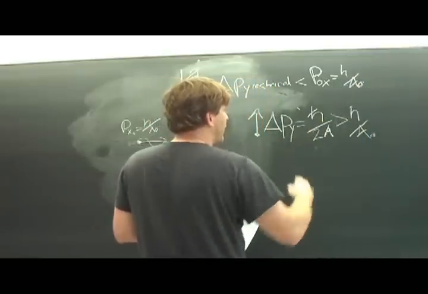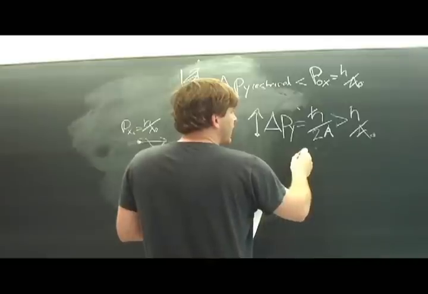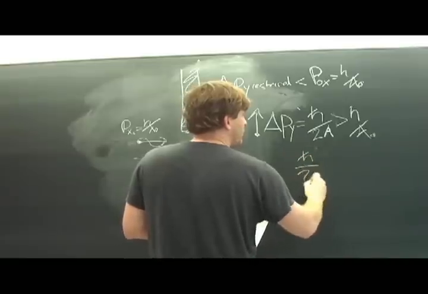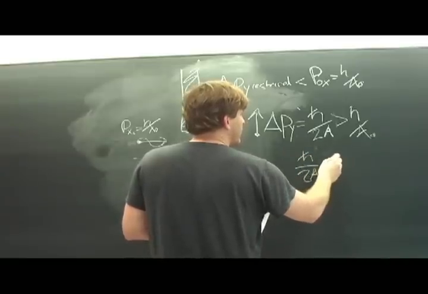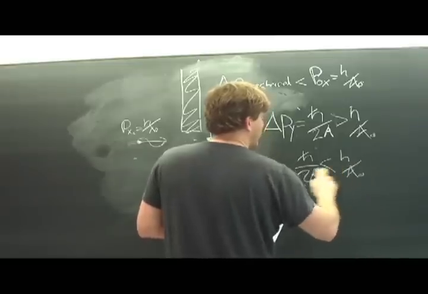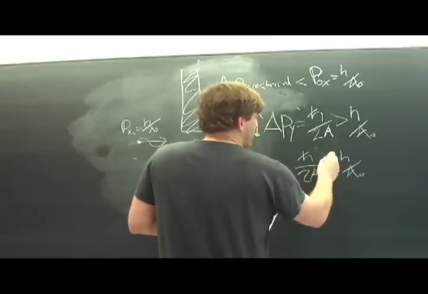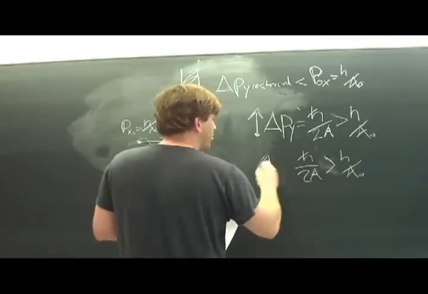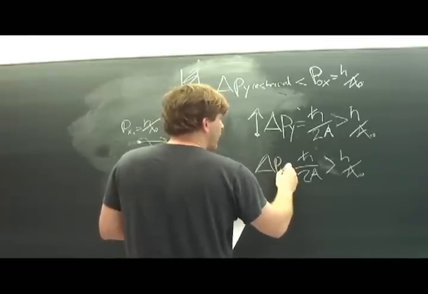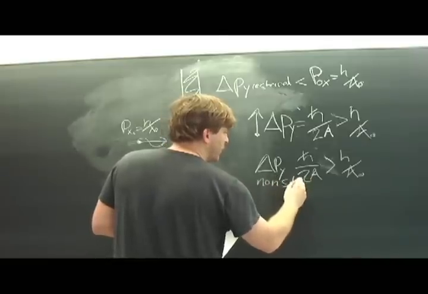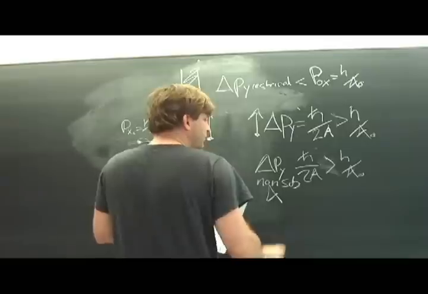So what you have when you combine these two equations is that h bar over 2a is greater than h over lambda-naught. This is delta Py for the non-sub-wavelength case.